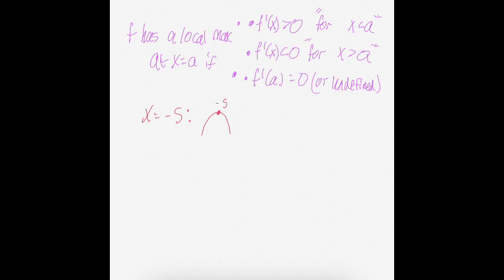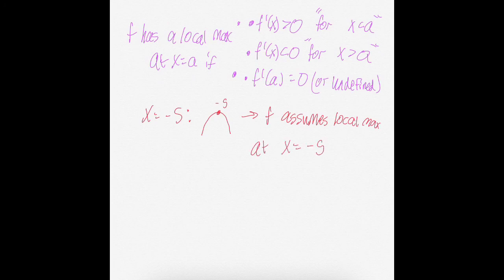So at x equals -5, the graph is doing something like this. This is -5. The derivative is positive, so the function is increasing to the left of -5, and the derivative is negative, so the function is decreasing to the right of -5.